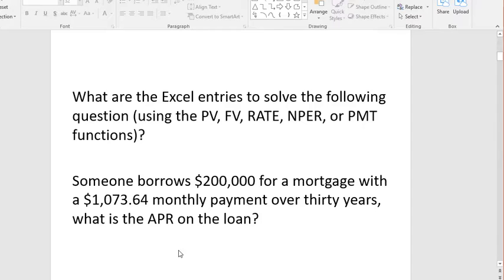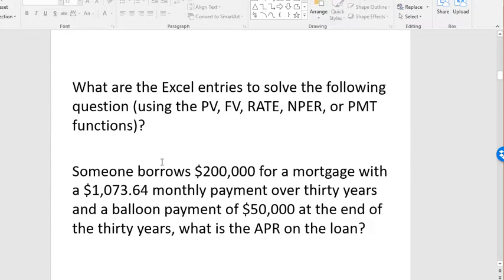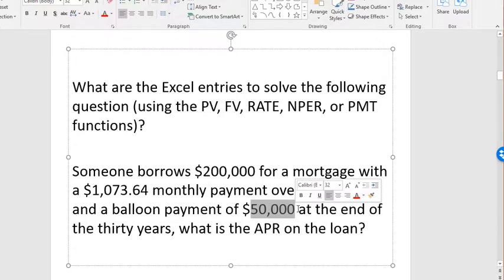Now let's look at the next question, which said, what would happen if somebody borrows $200,000 today and they make that same size of a payment over 30 years, but at the end they need to pay this additional $50,000? Now what is the interest rate?